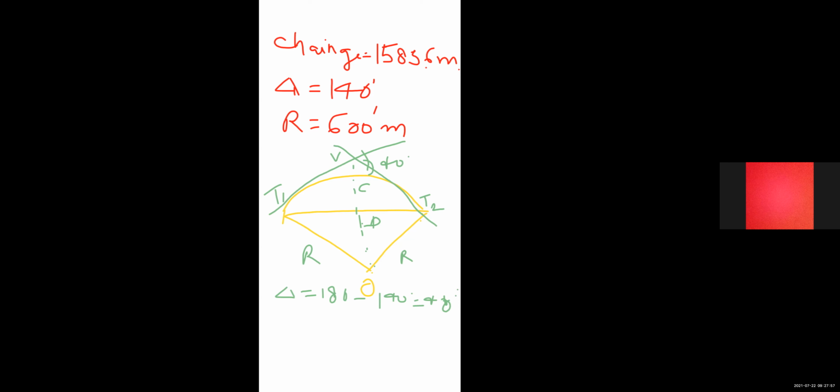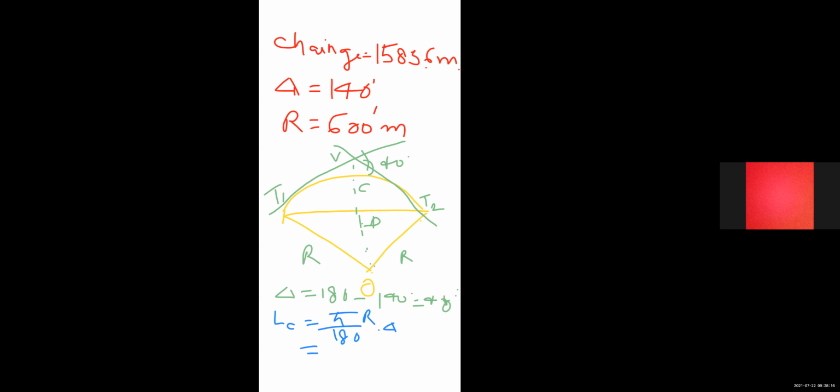So how do we calculate the length of curve? The length of curve is L by R equal to theta. Theta in radian is changed, so L equals pi by 180 into R into delta.